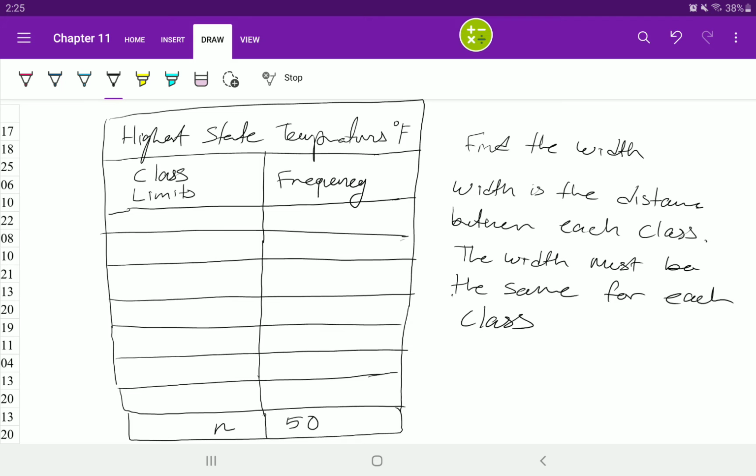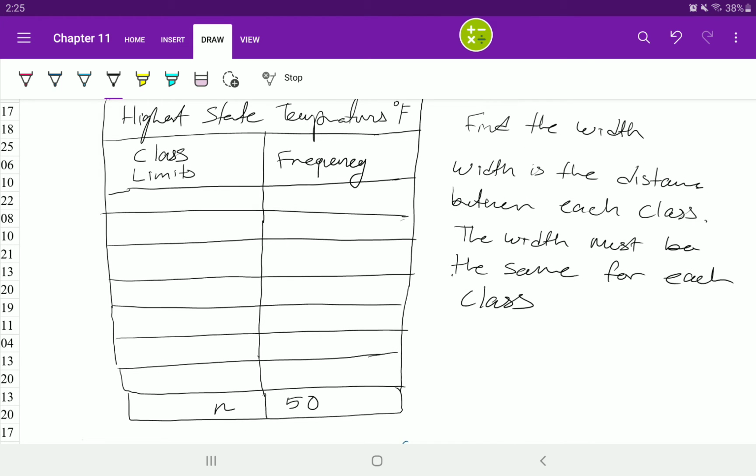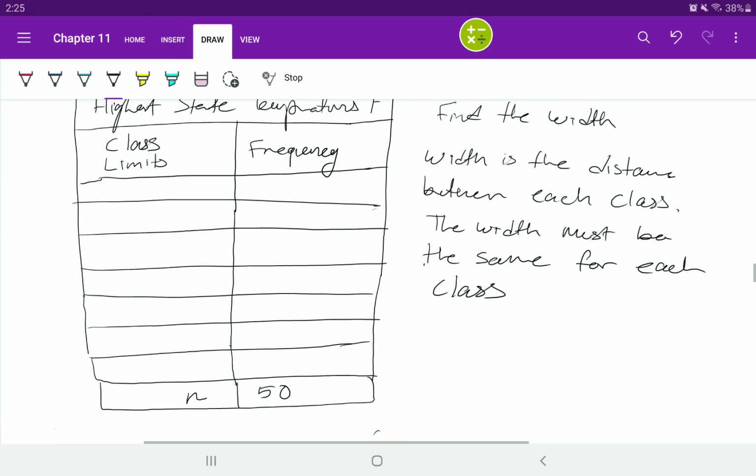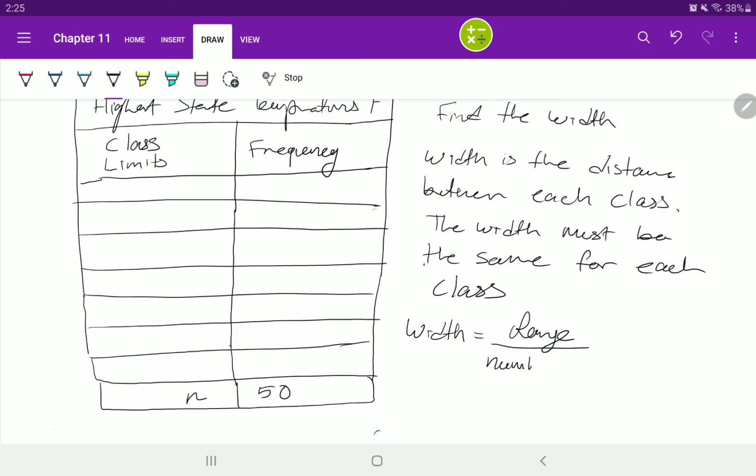Now, don't mind my ugly looking table for right now. I'm going to give you the formula for finding the width and some more definitions. The width equals the range of the data divided by the number of classes that you want.